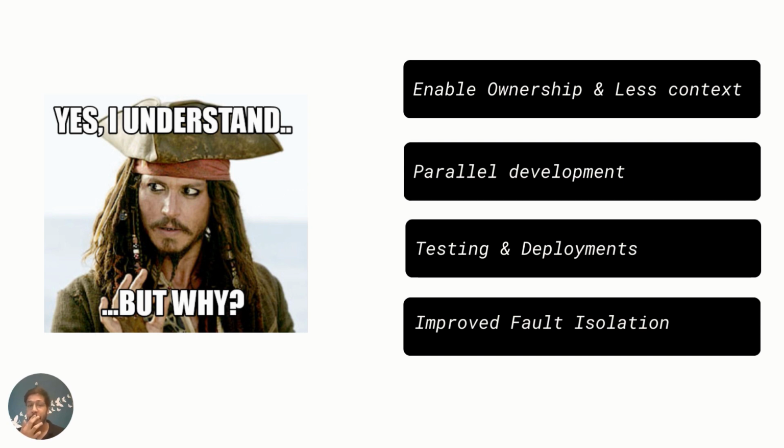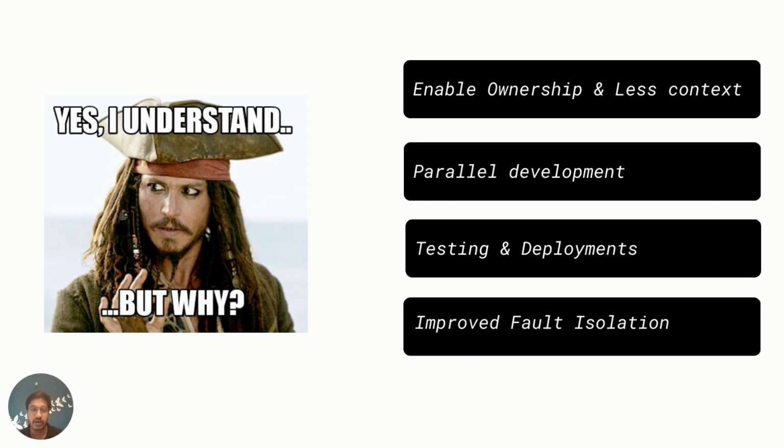Then comes enabled ownership and less context. In microservices, you have different business units running, loosely coupled, with their own functionalities. So whenever a new member comes in, they just have to know about that particular business unit or microservice. For example, a chat developer doesn't have to know what the analytics microservice is doing, or what logic goes in, or what happens under the hood of that microservice.